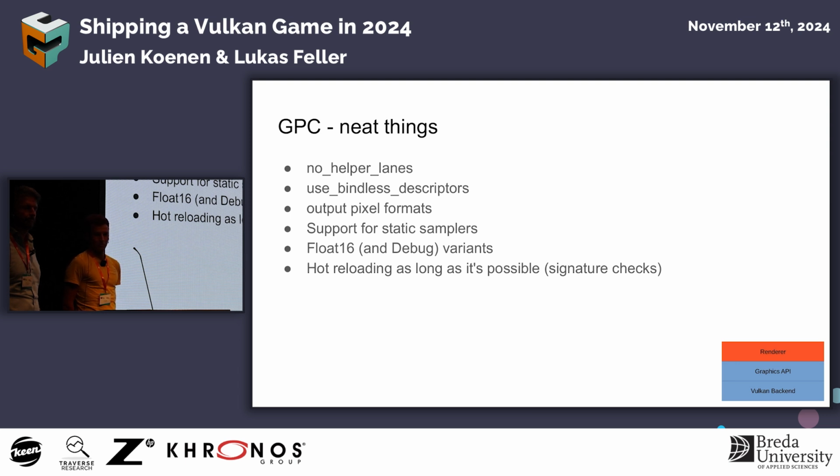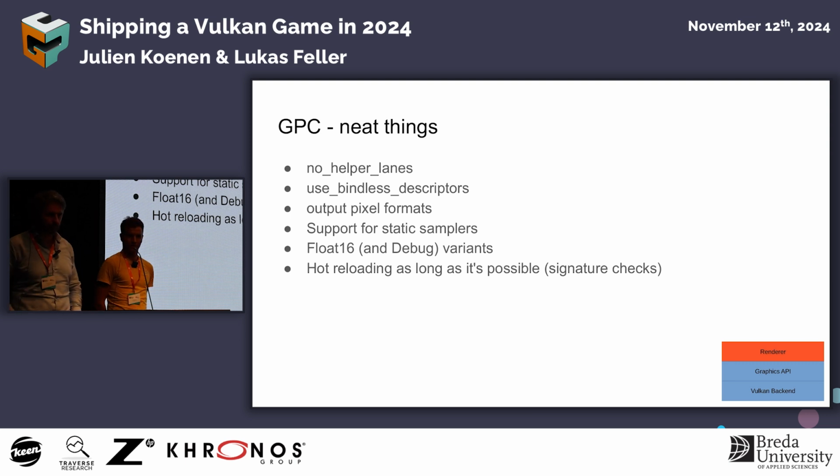With that, you can make sure that your shader doesn't require any helper lanes. We had issues with wave intrinsics earlier that were operating on helper lanes unexpectedly. Now we're just checking that, and you can be sure that there's nothing in your way. We also have an annotation that you can use our bindless descriptor set. Julian will talk about that very soon.